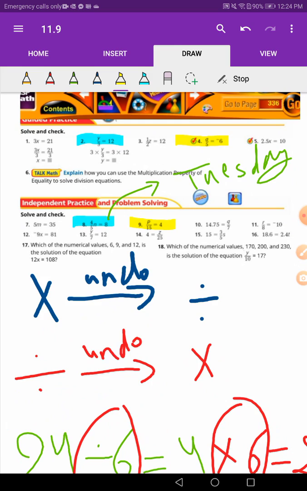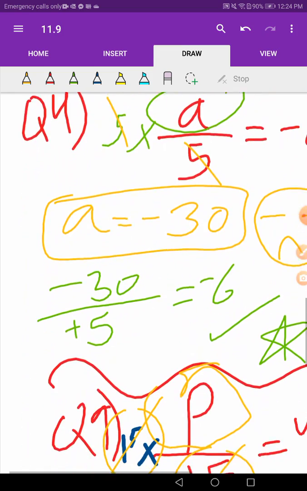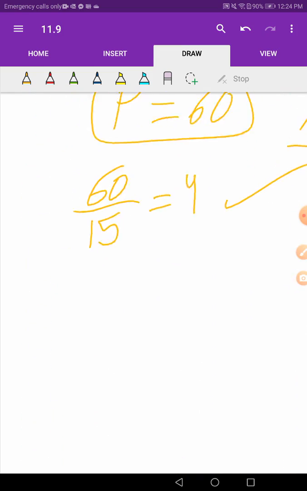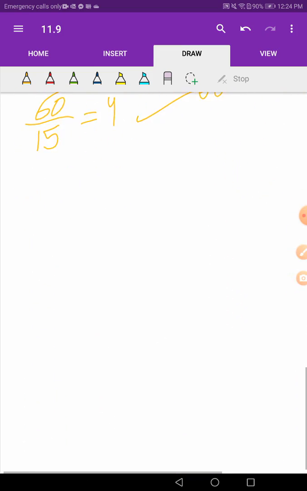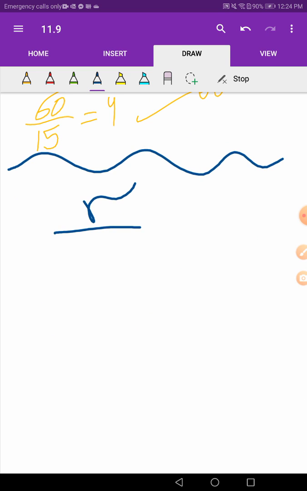Let's move to question number 11. We have R divided by 8 equals negative 10.